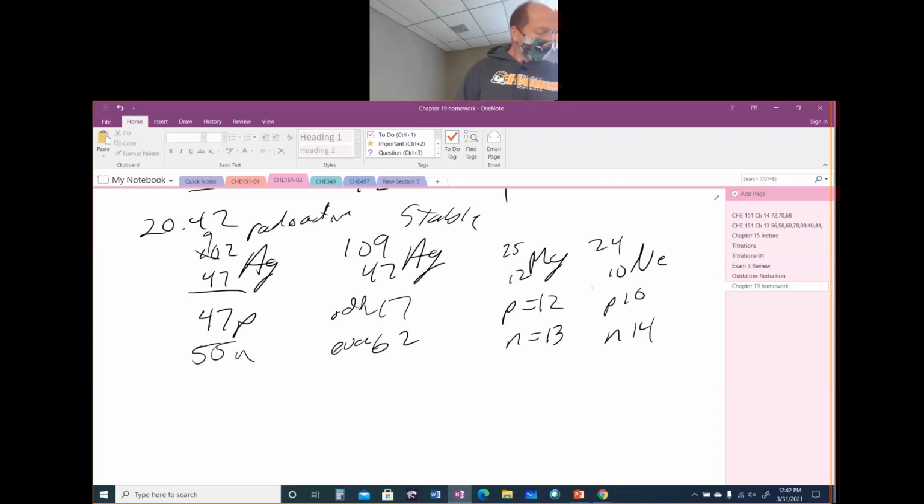If we look at the periodic table, your magnesium molar mass is right at 24. So here it is, magnesium 24.305. And when you go to neon, it is 20.18.